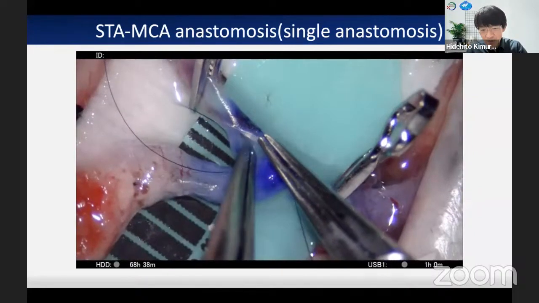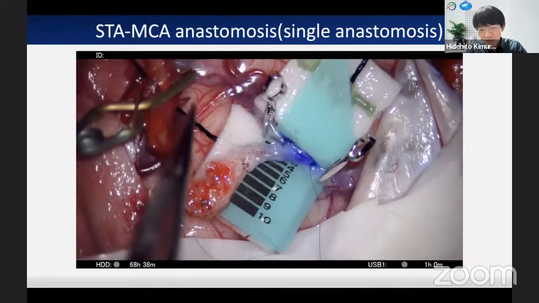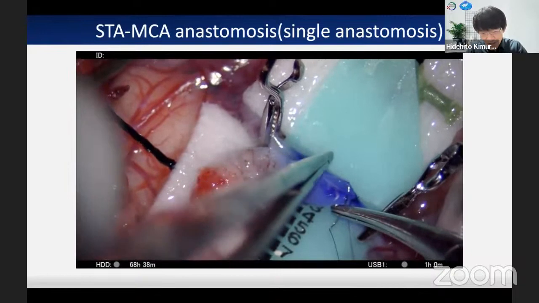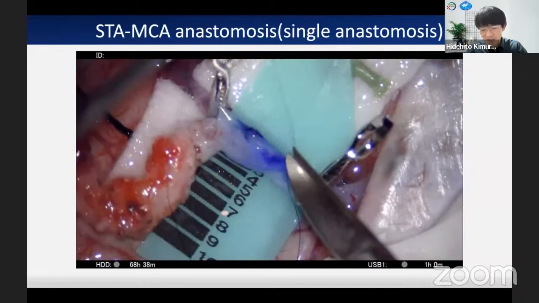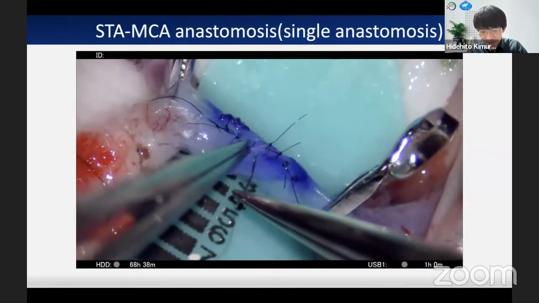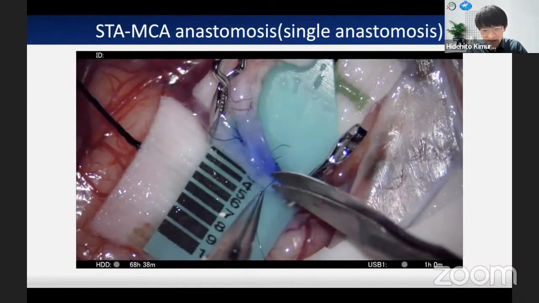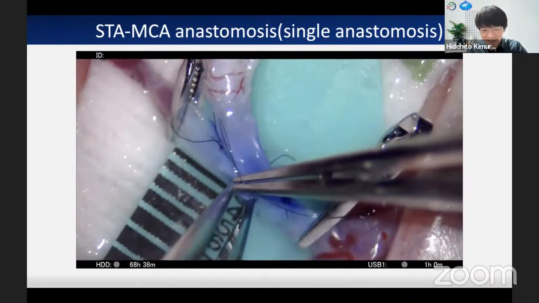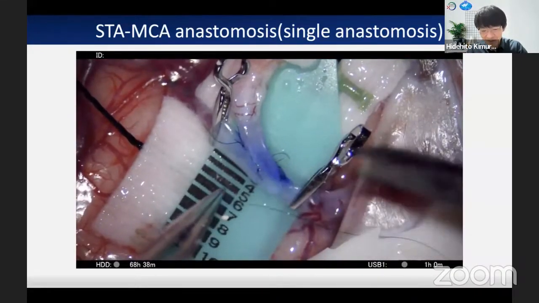What is an important point at this stage: we should confirm the lumen of the recipient artery and the donor artery. When inserting the needle, you should confirm the lumen of the recipient artery. The needle should be inserted outside to inside on the donor, and inside to outside on the recipient. During this procedure, you should keep in mind, outside-inside, inside-outside, every time, if you are not accustomed to this surgery.